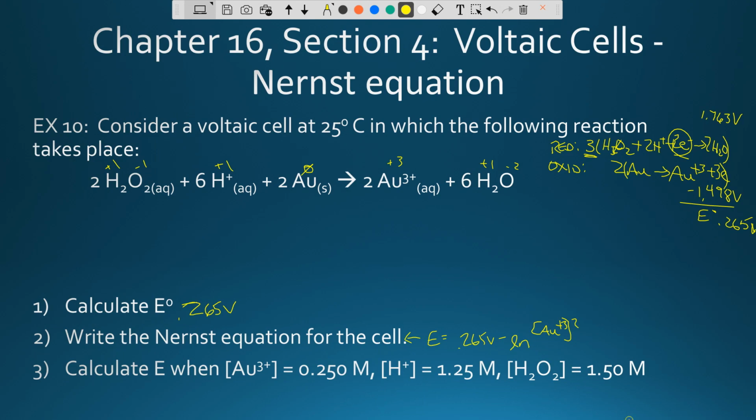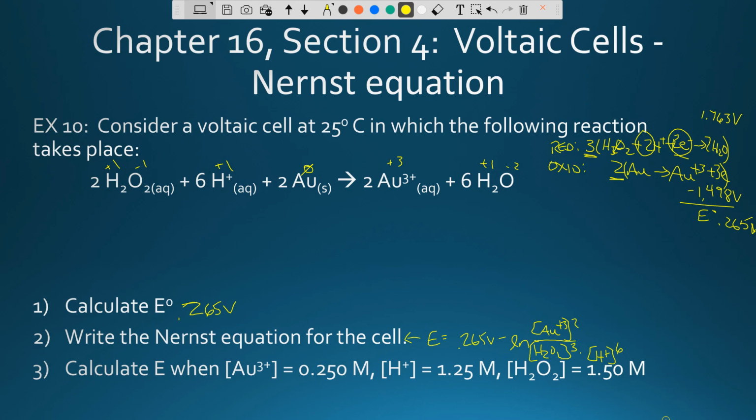And the reason is I have this 2 out in front. I see that I have my hydrogen peroxide. And notice with that one, it is cubed. And lastly, I have my hydrogen ion, but there was already a 2 in front, and so my hydrogen ion ends up being to the 6th power. Okay, so we just set up those equations with this.